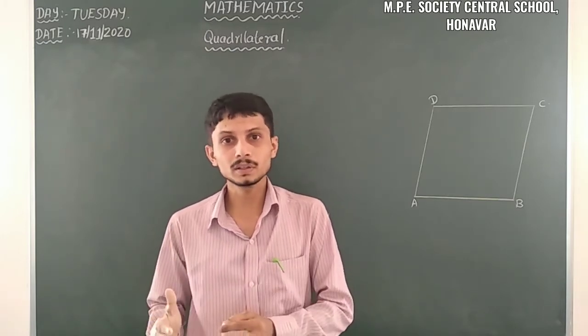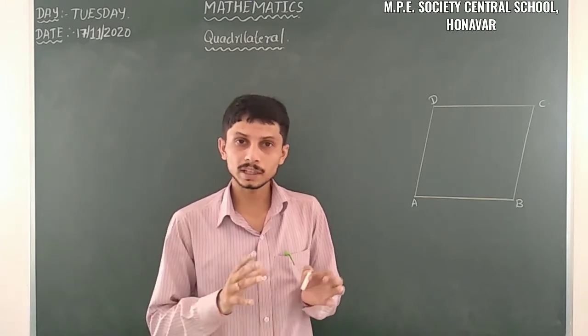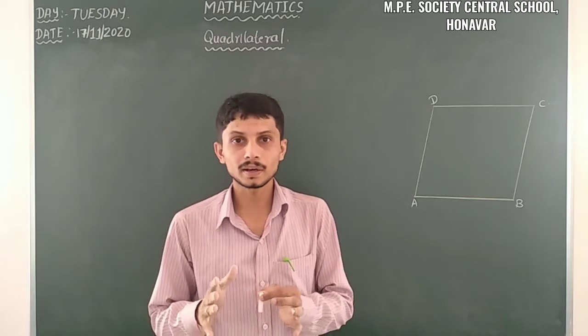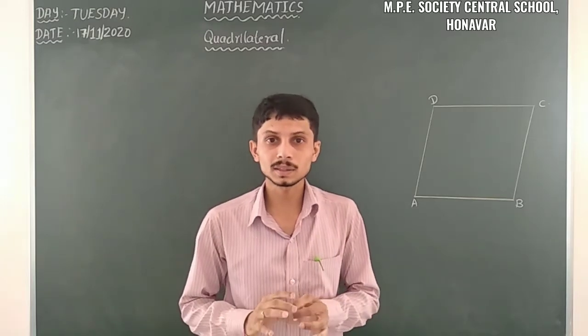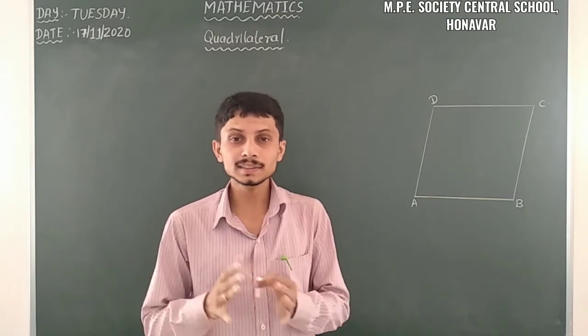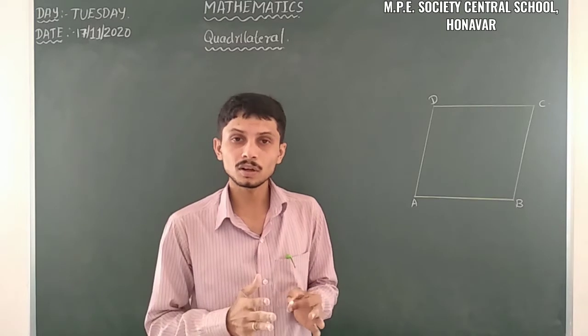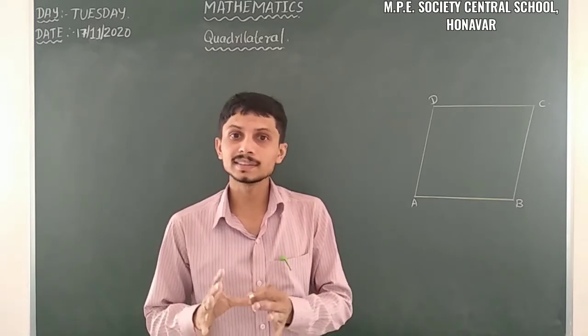And theorems 8.4 and 8.5 tell us that the opposite angles of a parallelogram are equal. In this class, we have to move on to the next theorems. 8.6 and 8.7 are based on the diagonals of a parallelogram bisecting each other.